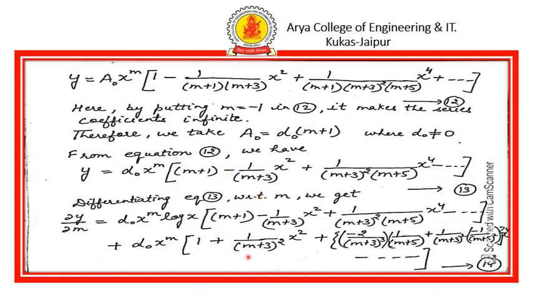Differentiation of 1 upon m plus 3 is minus 1 upon (m plus 3) whole square, and we take it as a product term, 1 upon (m plus 3) whole square into 1 upon m plus 5. First we differentiate 1 upon (m plus 3) whole square. The differentiation is minus 2 upon (m plus 3) whole cube, and 1 upon m plus 5 as it is, plus we take 1 upon (m plus 3) whole square as it is, and the differentiation of 1 upon m plus 5 is minus 1 upon (m plus 5) whole square, and x to the power 4 as it is. So del y by del m is given by equation number 14.